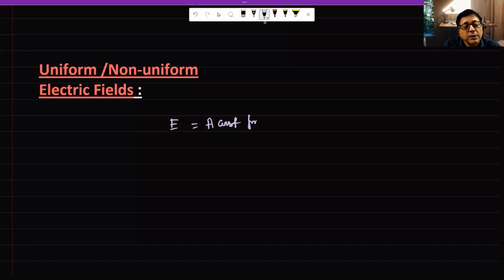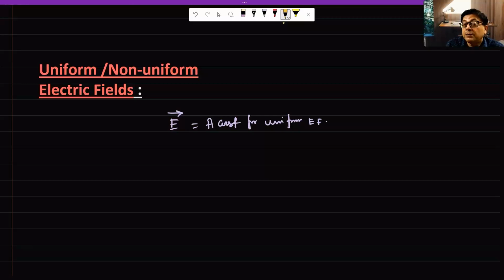I am writing E vector is equal to a constant for a uniform electric field. What do you mean? It means the magnitude and direction of the electric field strength will remain the same at all points. How to represent that?